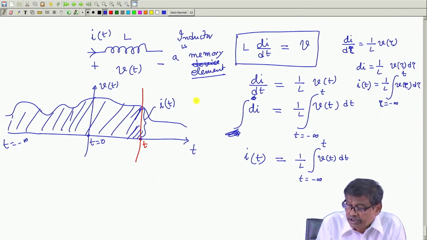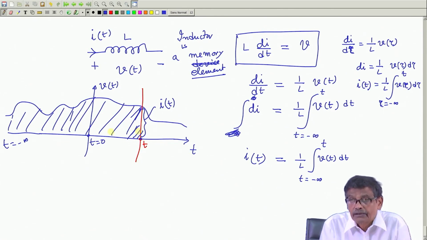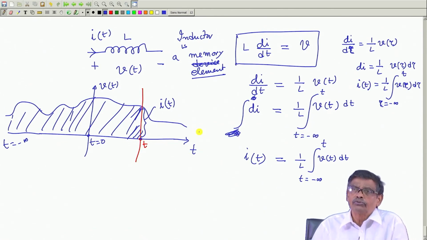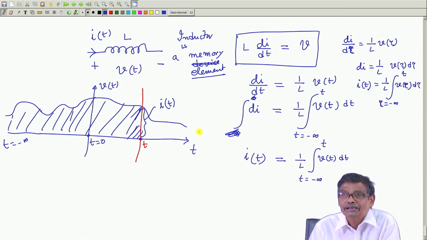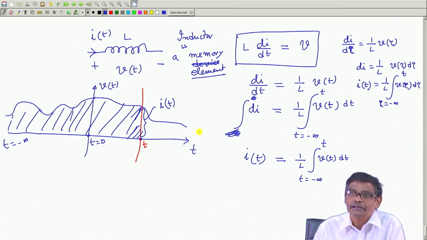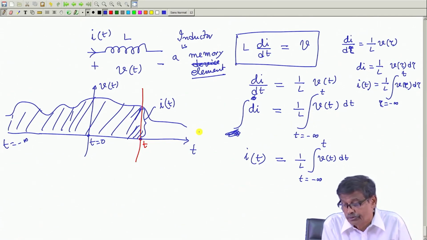If you want to know the current at this time, all the area up to that time you have to calculate. So it looks like a stupendous task. What to do? The inductor remembers everything, how we behaved with the inductor with applied voltage previous to time t.